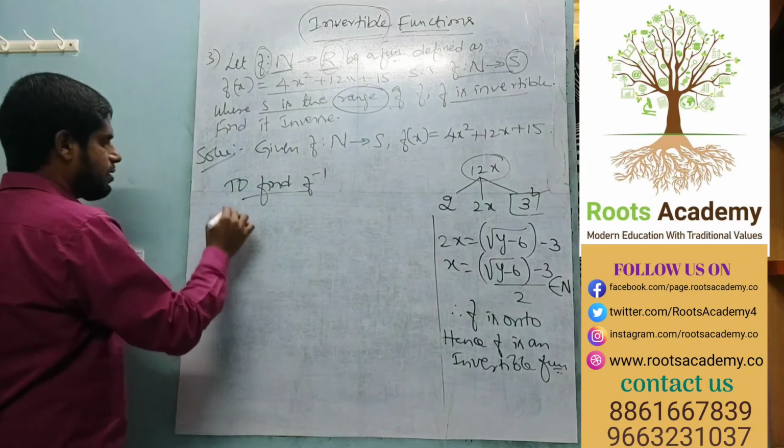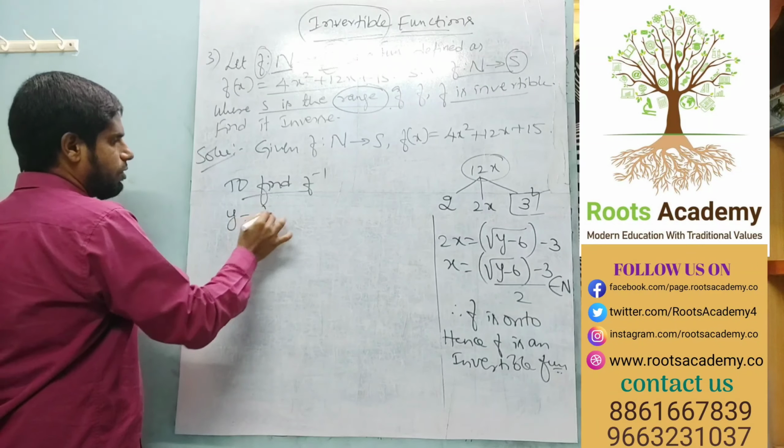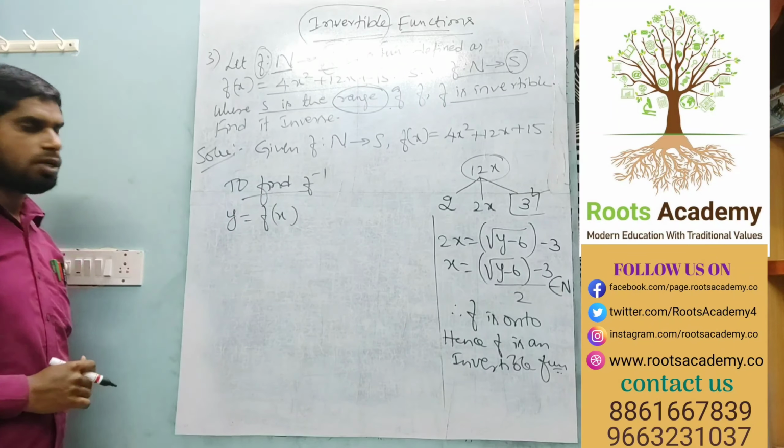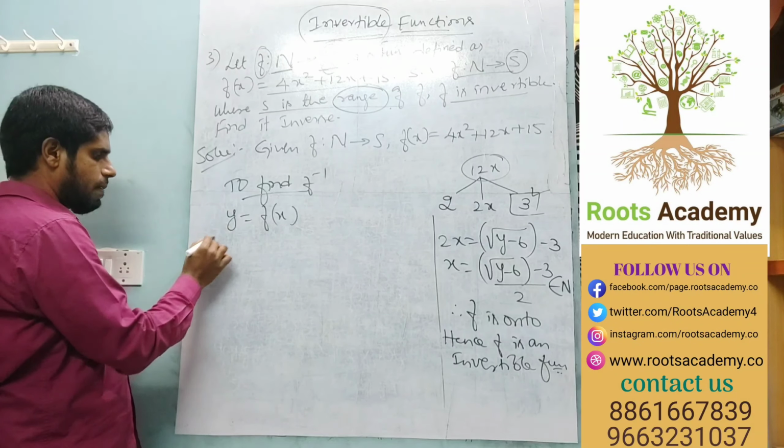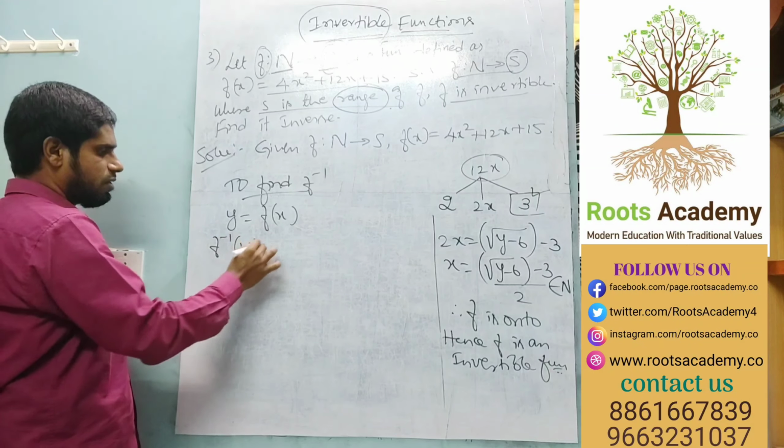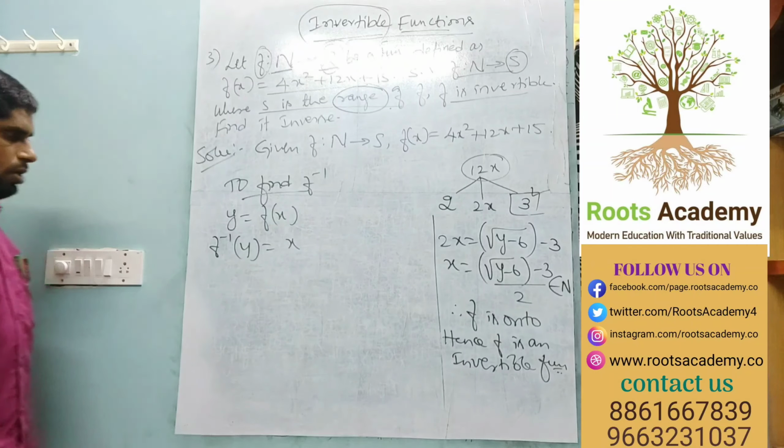To find f inverse, y is equal to f of x is the condition. Now we'll shift the function to this side. It becomes f inverse of y is equals to x.